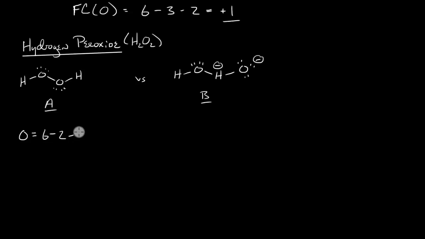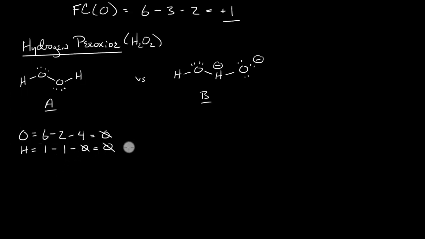So we'll do 6 minus 2 minus 4, and that's going to equal 0. For this hydrogen, the valence would be 1, and then we subtract the total number of bonds, which is 1, and we have no lone pairs, so 1 minus 1 should be 0. And everything seems to work out for A.